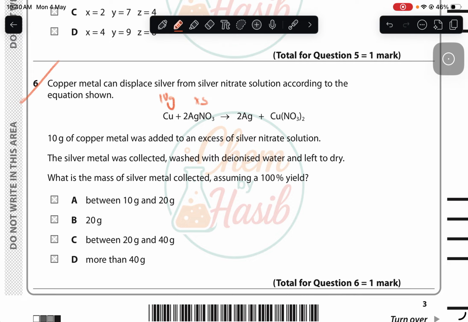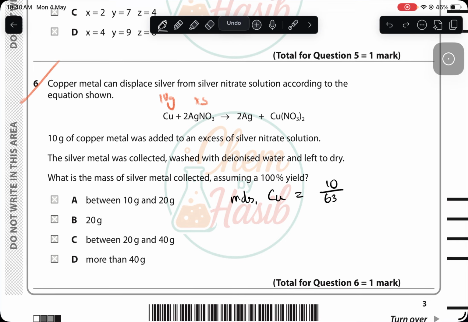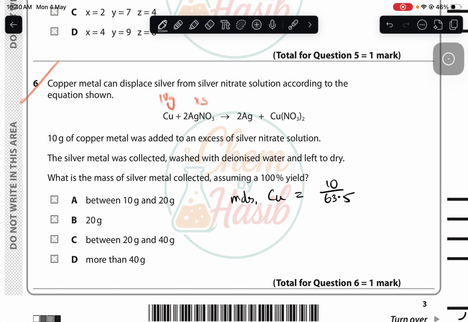What you can do is find the moles of copper, which is 10 divided by 63.5. 63.5 is the relative atomic mass of copper. If you divide it by 63.5, you get the moles of copper. The moles of copper doesn't equal the moles of silver.